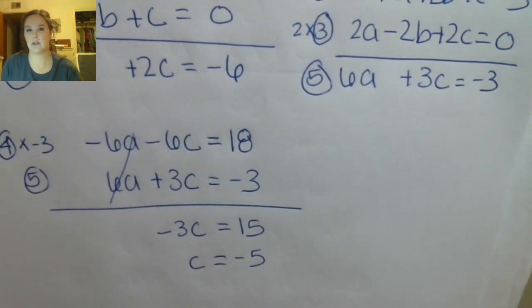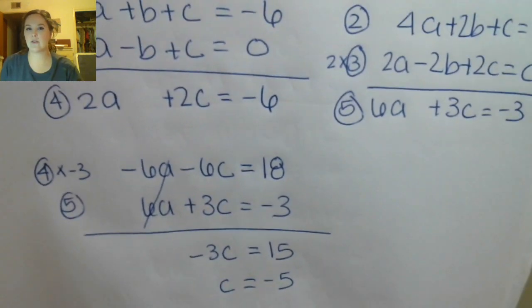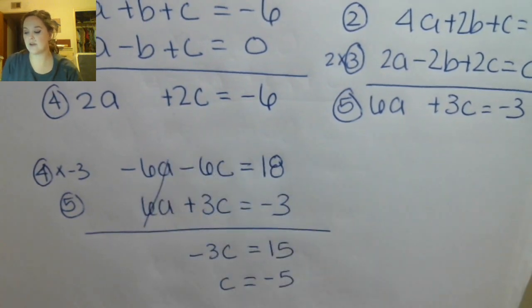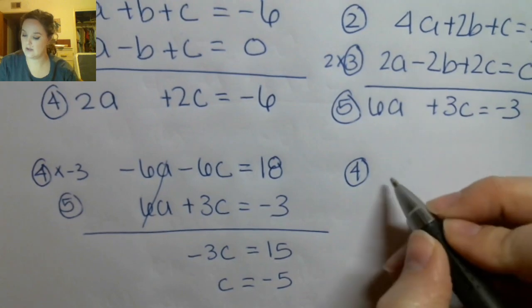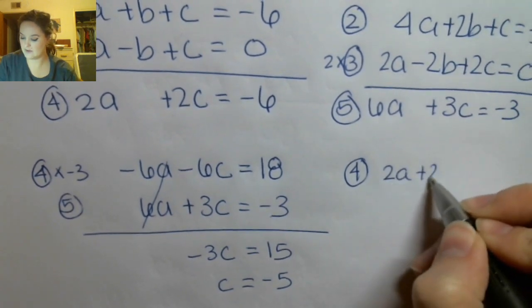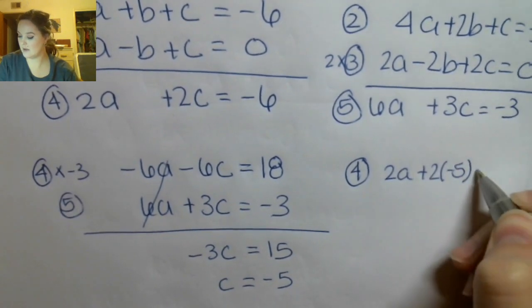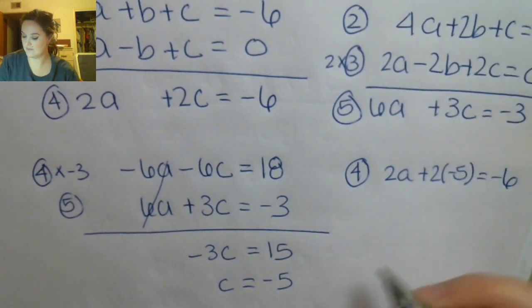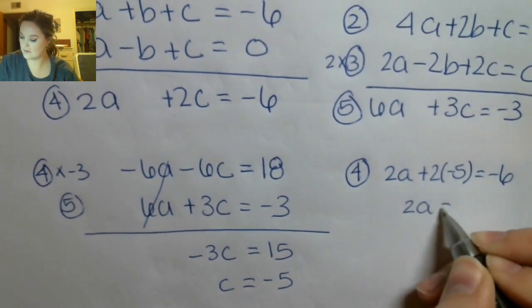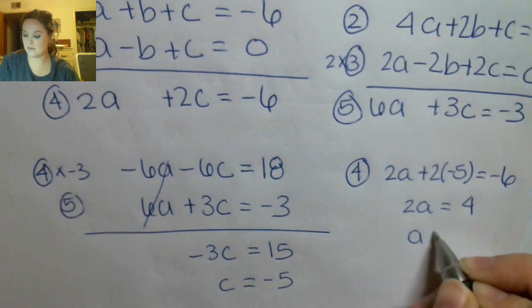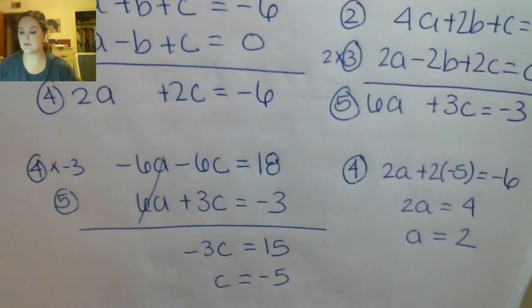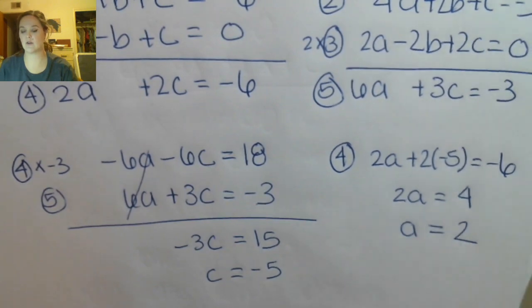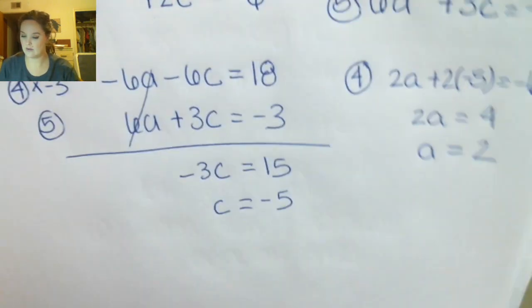Okay. Now I can use either equation 4 or 5 to solve for a. So maybe I'll just use 4. Okay. So 2a plus 2c equals negative 6. Which gives me a equals 2. Okay. And then I want to use one of the original equations to solve for b. Okay.